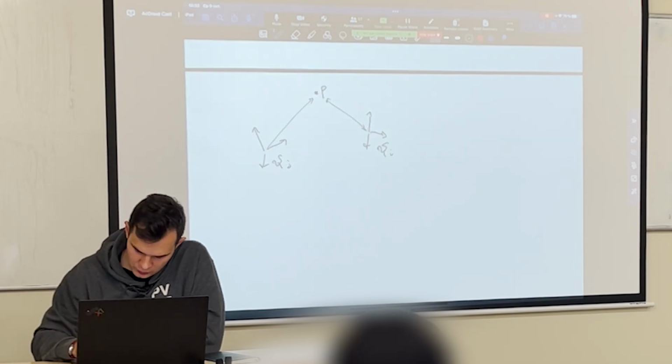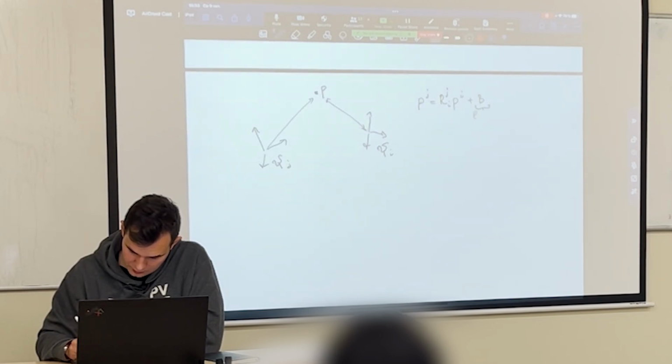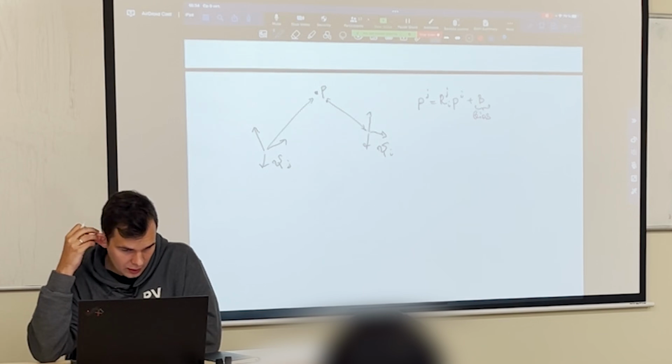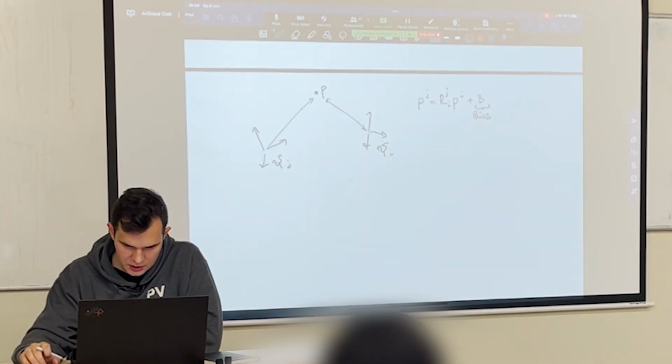In this case, we use the following notation: Pj equals the rotation matrix, we already know that, times Pi plus a bias.